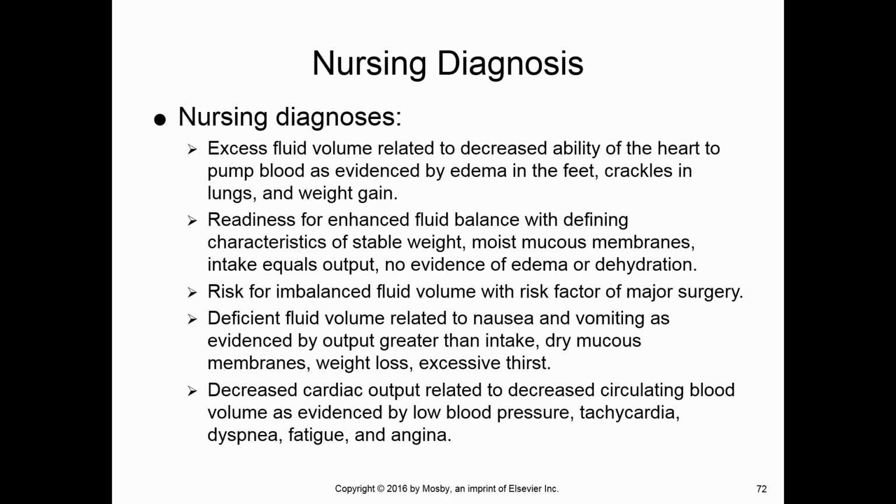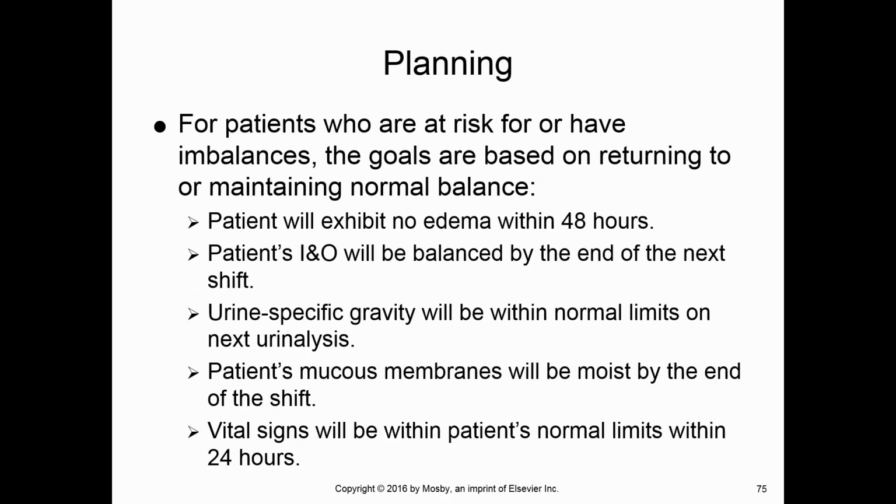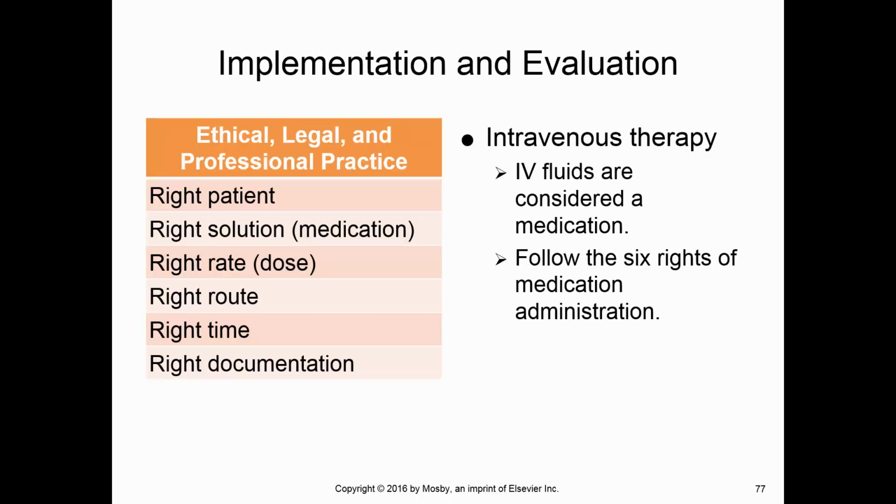Here are some more thorough written out nursing diagnoses. These are also good ones to use, but may not be as evident or as obvious as the other ones. Here are your patient outcomes, your patient goals. And then here is our implementation and our evaluation.